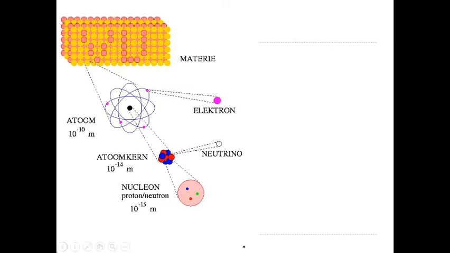What this goes on to show is that each nucleon, that is either proton or neutron, is made up of three quarks. And we've pulled out this neutrino over here.